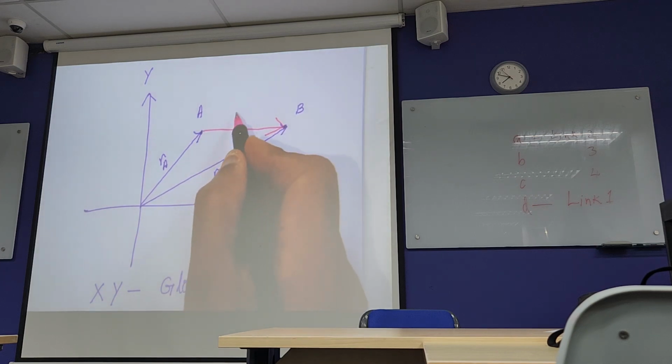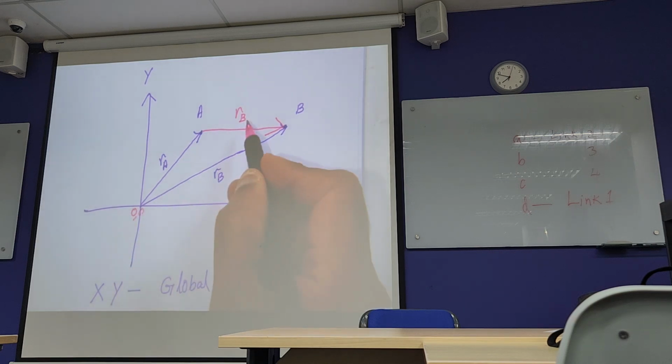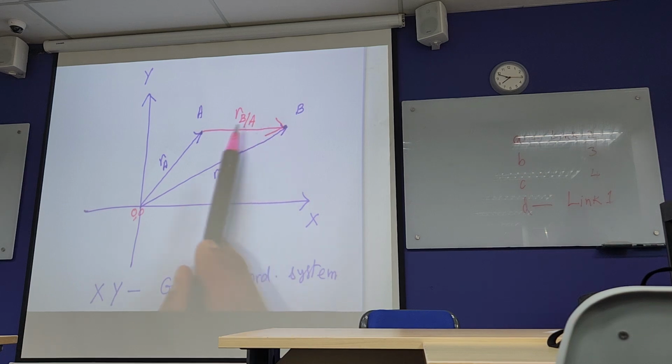I already call this the position of B, because this is my global coordinate axis. Now I am calling this the position of B from A. So this is the relative position. So position of B from A.